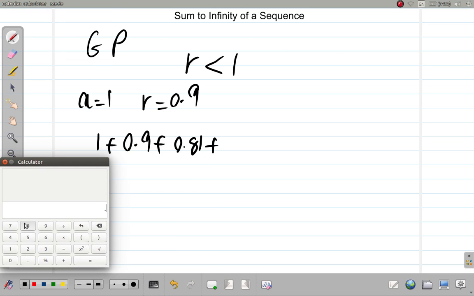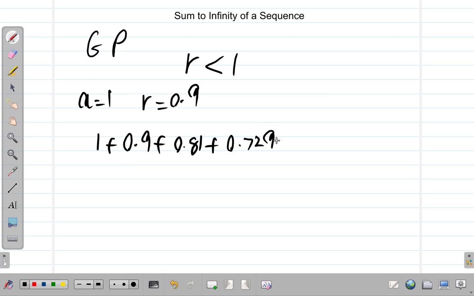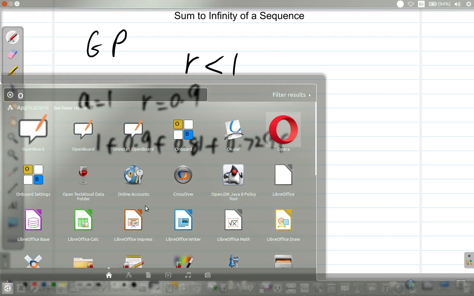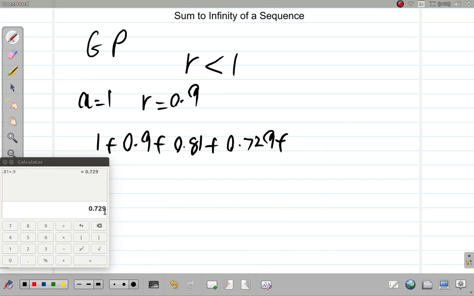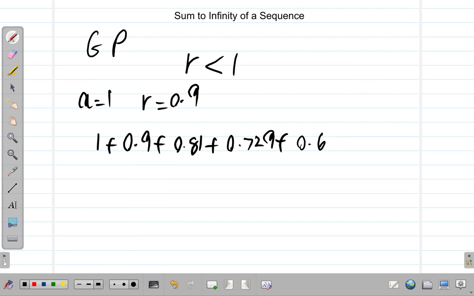Basic maths, 0.81 times 0.9 would be 0.729, 0.729 plus, and you have 0.729 times 0.9, which equals 0.6561, 0.6561 plus, and you see that each time the next term gets smaller and smaller and approaches 0. So you will get a finite number for this.